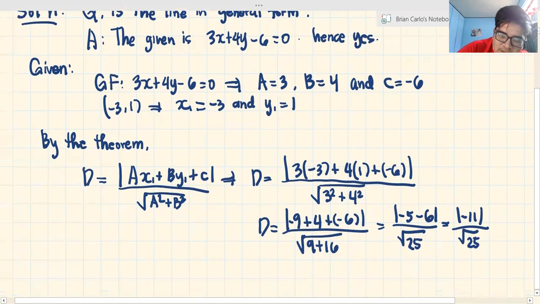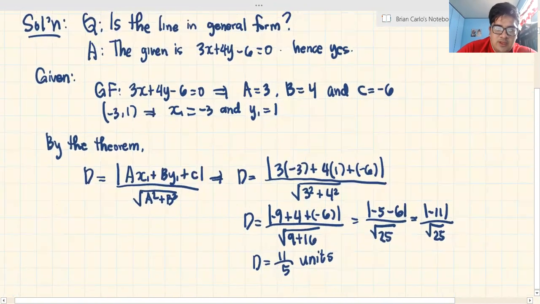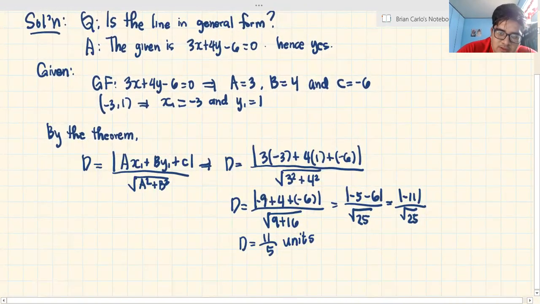Or, the distance is equal to the absolute value of negative 11, which is 11, all over the square root of 25, or 5. So, yan yun. Yan yung sagot. I'm sorry kung nagkamali ako, kasi ito negative 9, hindi ko nalagay negative.